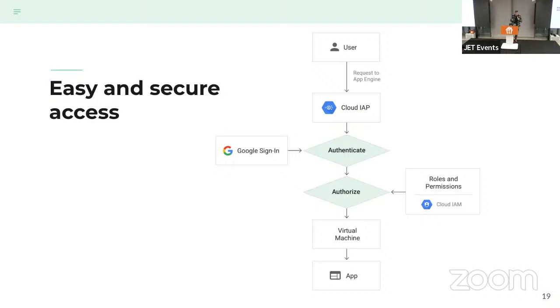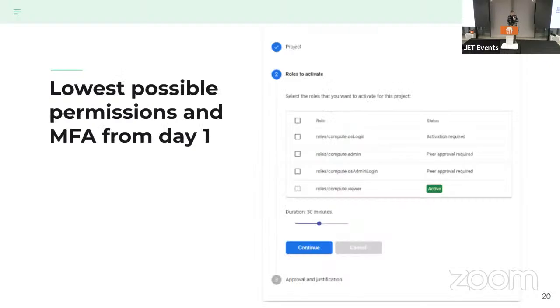So this is exactly it. And when you decide that Google as an identity provider is not enough, you can easily expand this possibility, and when you enable the Identity Platform, you can configure it the way you need.